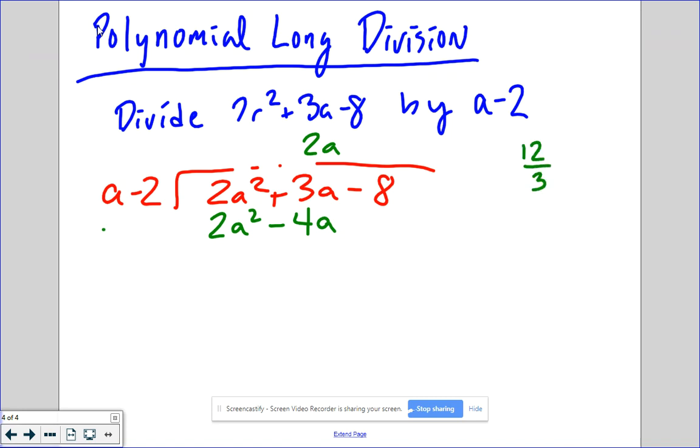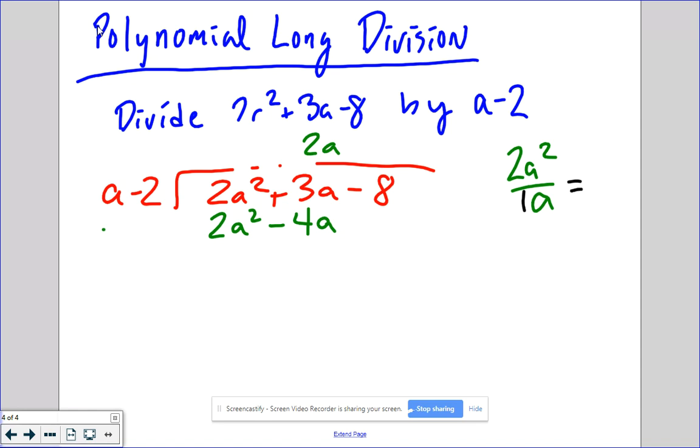So, if we think about it with numbers, if it was just 12 divided by 3, we think, okay, how many times does 3 go into 12? Well, 4. We just know that it happens 4 times. The same concept is true here. If it helps, think of it like this. That's really what you're doing: 2a squared divided by a. So I look, 2 divided by, well, there's an imaginary 1 there.